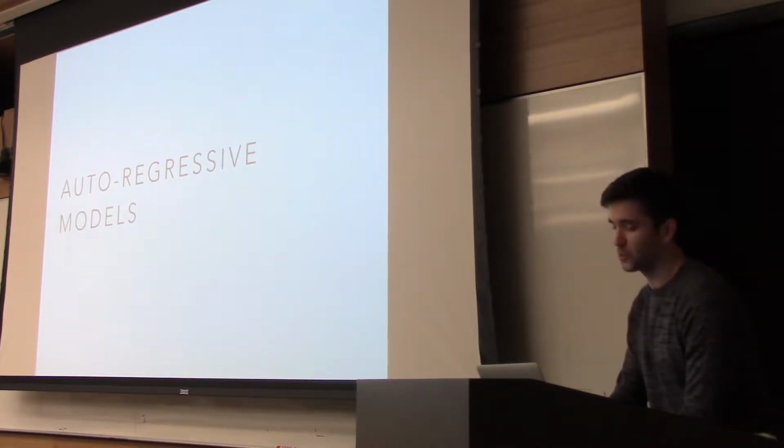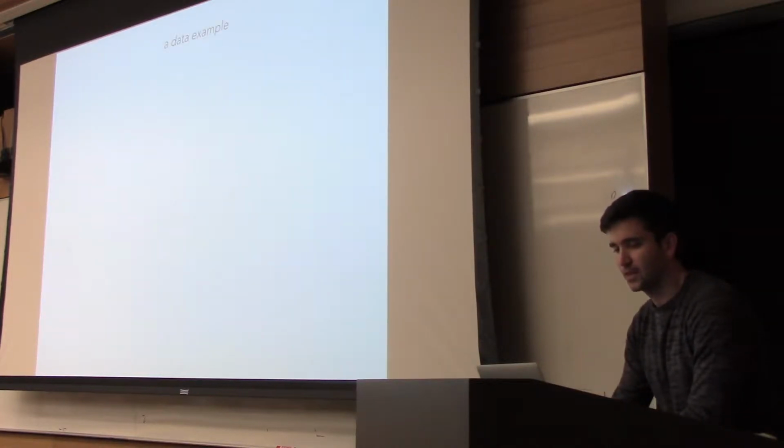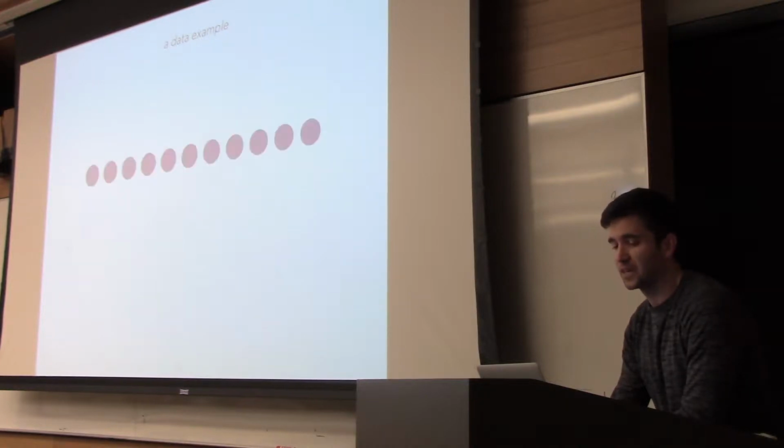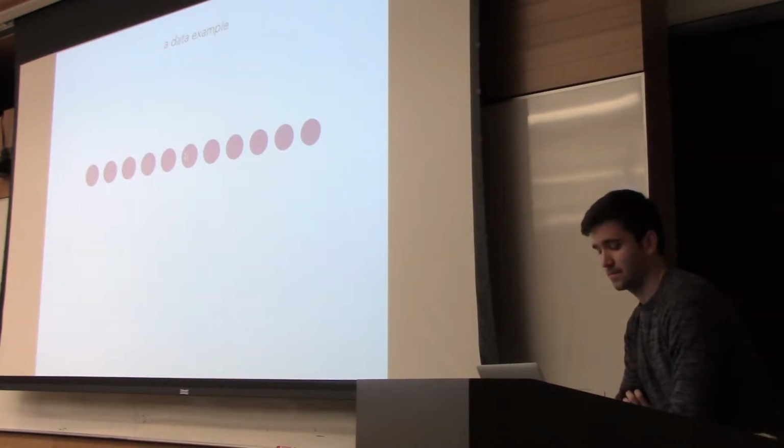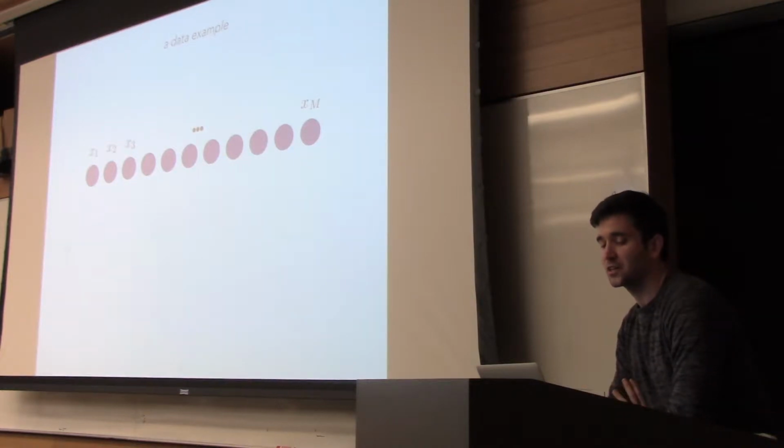So what are autoregressive models? So say we have some data example here, and I'm representing with these circles each dimension of the data example. So each circle here represents a feature. So we might have x1, x2, x3, all the way up to xm. So we have m features.